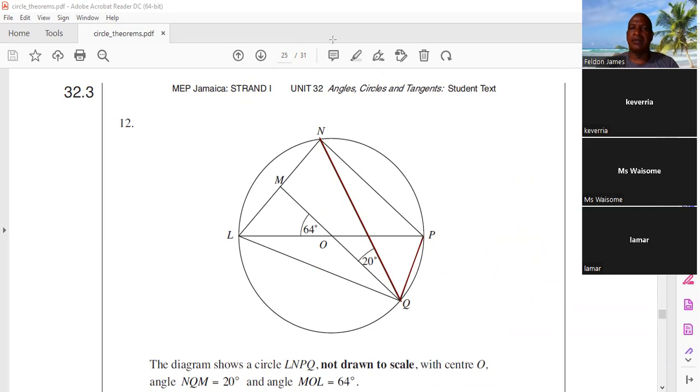That's the angle that we're looking for. Can anybody identify what that angle is supposed to be?